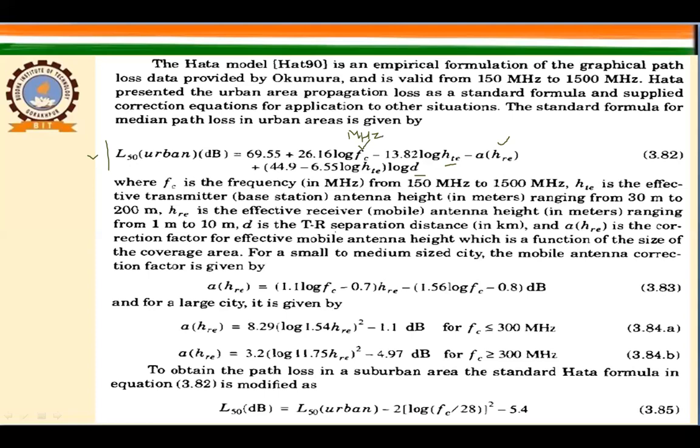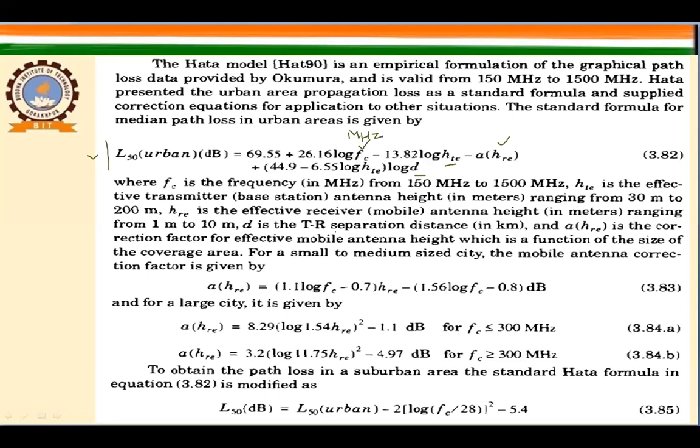And for a large city when the carrier frequency is more than 300 megahertz, the correction factor a of hre is 3.2 times log of (11.75 hre) whole squared, minus 4.97 dB, for fc always more than 300 megahertz.